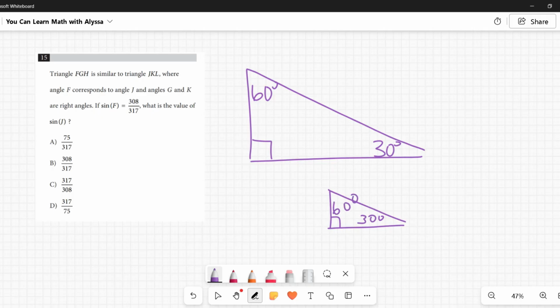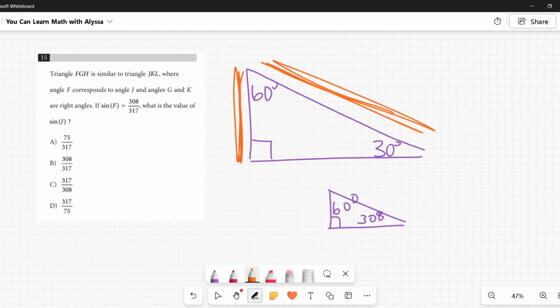Looks like 300, but it's 30 degrees. Can't draw tiny degree marks apparently. And it was also 30 degrees and 60 degrees. If I measured this side and divided it by that side, I would get the same exact thing as if I took this side and divided it by that side. Proportions are always going to be the same.